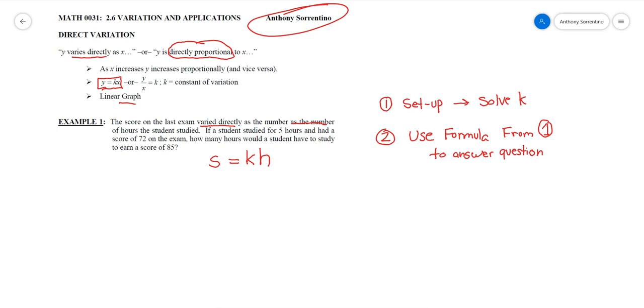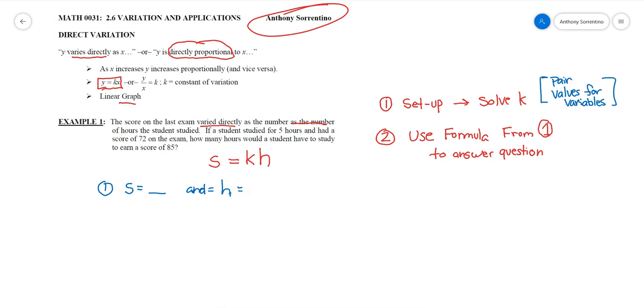When I'm in step 1, I'm going to be given a pair of values for the variables. So there should be an S given to me and an H given to me, letting S stand for score and H stand for hours.